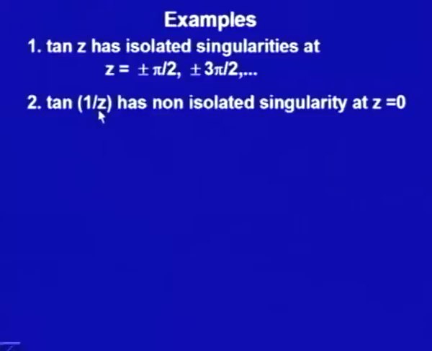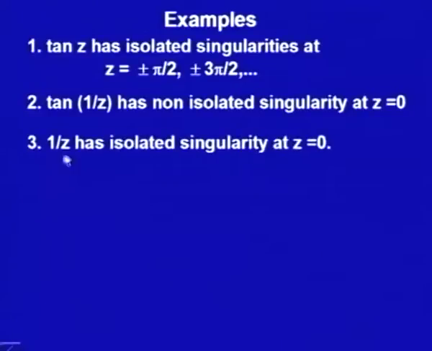So, I could always find many points in a small neighborhood of 0 such that tan(1/z) is not analytic at those points, that is, tan(1/z) has singularities at those points in a small neighborhood of 0. So, tan(1/z) has a non-isolated singularity at z equal to 0.